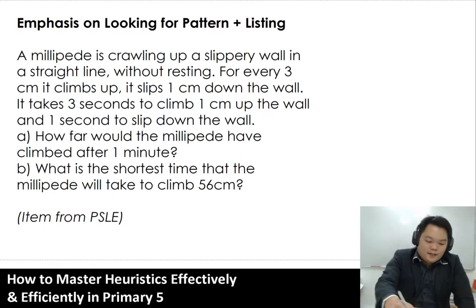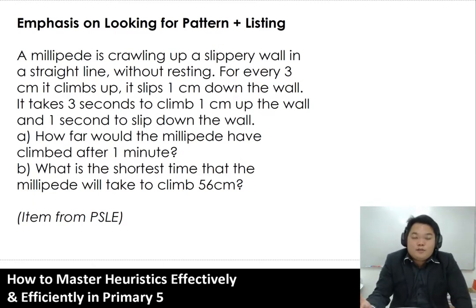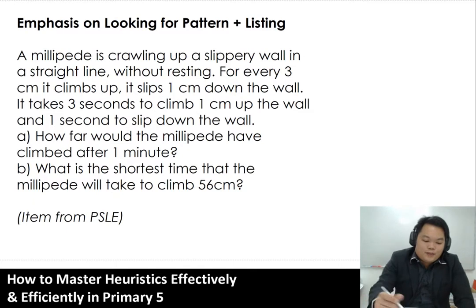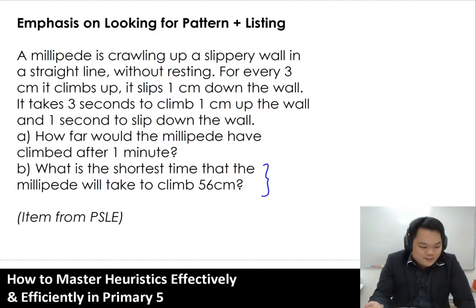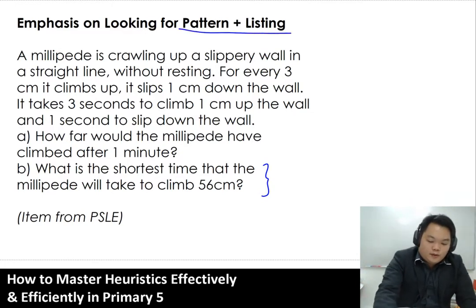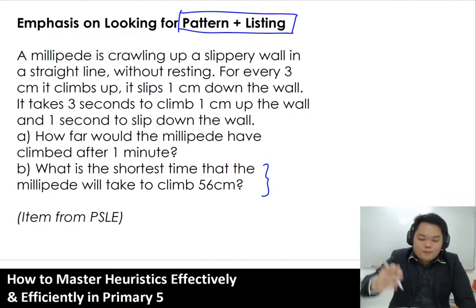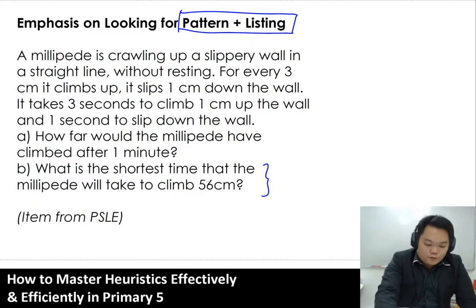For part A, it's quite straightforward. For part B, did anyone work this out? What was the answer that you have? Okay, but I won't go too deep into this problem. The idea here is you need to group 2 pieces of information up together.